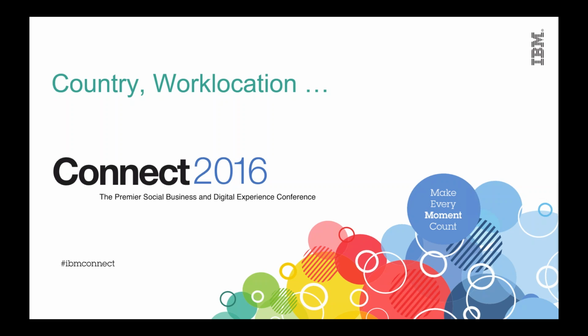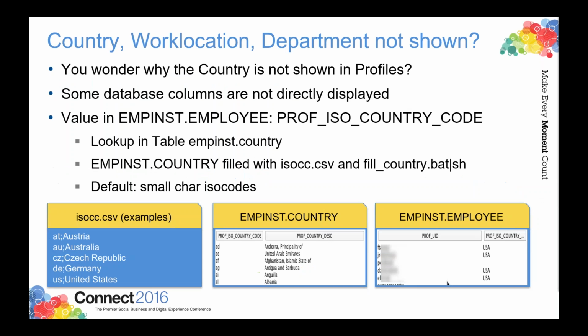But what I often see is, you map your country value to country, and it writes maybe DE to my database, but it does not show up within my profile. What happens here? The interesting part on country, work location, and department is that there are special tables where the country is stored in the database.